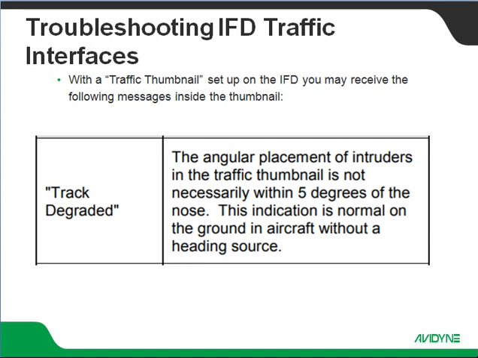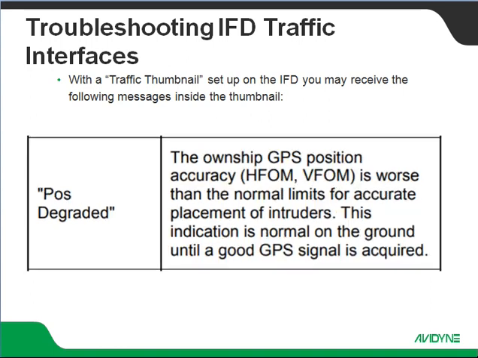I would totally expect to see that. If you see this during flight, however, that's a completely different scenario. When the aircraft is in flight, we shouldn't see track degraded. That might be an indication we've got a GPS problem, okay? But on the ground, aircraft not moving, we see this message, not a big deal. Move on.